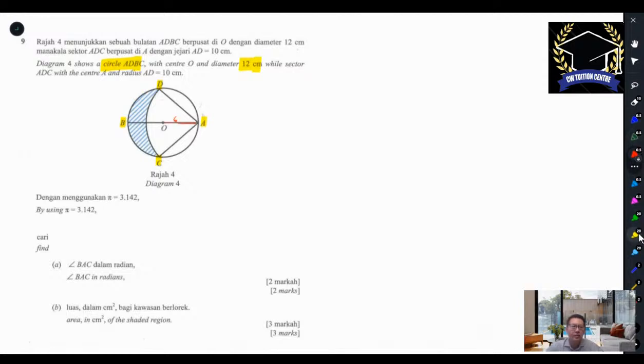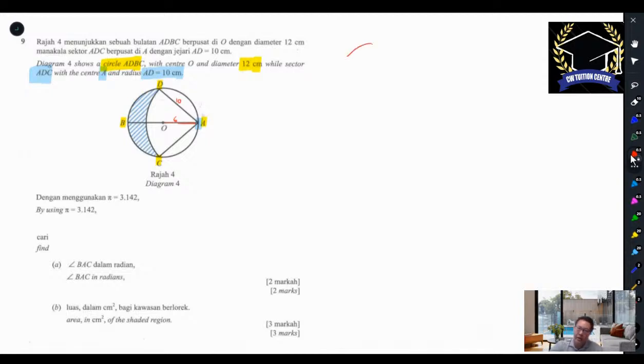While sector ADC, center is A over here, radius is 10. Let's put it in carefully. This one is 10.